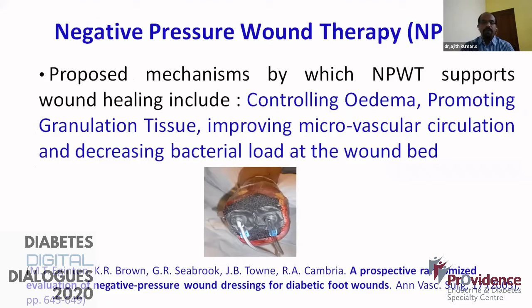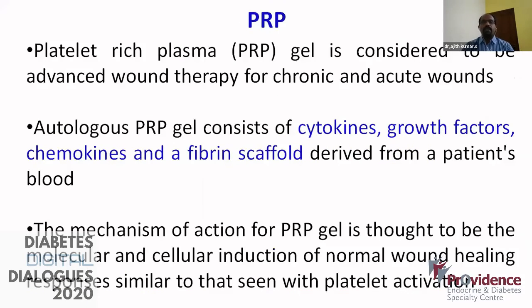But you have to be very careful. The selection of the patient is very important. If there is any fistula or connection of the wound with any cavity, you should not use that. You can remove the slough also after application of this.